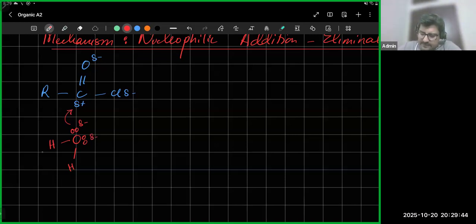Anyway, while this lone pair, the negative charge, gets attracted to the carbon that's positive, the double bonded electrons get repelled. Why are they getting repelled? Because there's negative charge coming in, right? So as the negative charge comes and attacks, the electrons that are over here get repelled.